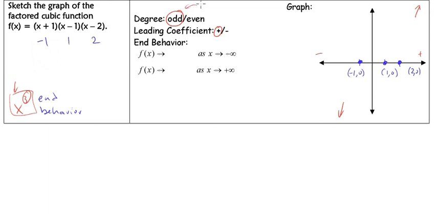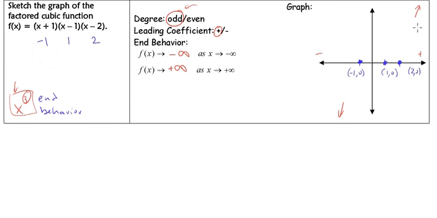So our end behavior is that f of x heads towards negative infinity as x approaches negative infinity, and y is going to head towards positive infinity as x gets more and more positive.